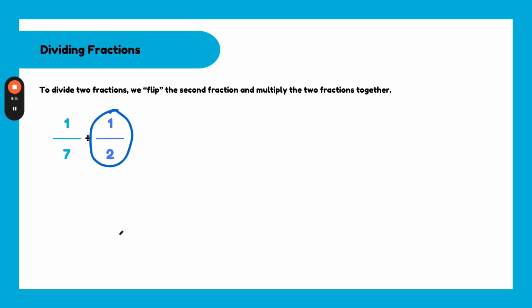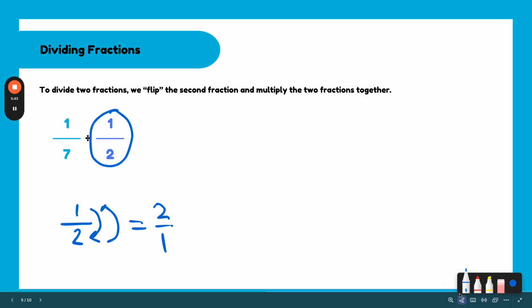So for example, if we had a half and we flip the fraction, the roles become reversed. A half then will become 2 over 1, because 2 becomes our numerator and 1 becomes our denominator.